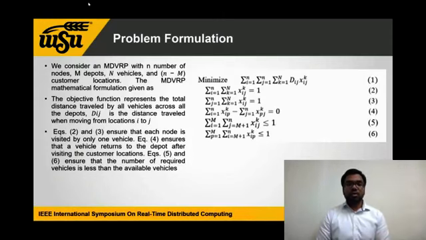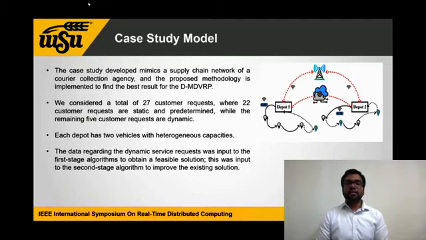Moving on to the case study model, the diagram shows the case study model, where we have two depots, and each depot has been assigned two different vehicles with heterogeneous capacities. We have considered around 27 customer requests, out of which 22 fall under the category of static requests and 5 fall under the category of dynamic requests.